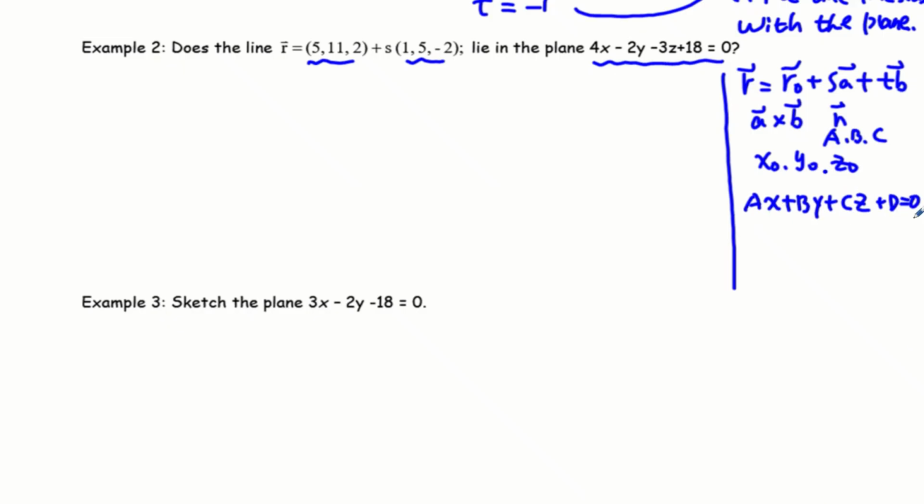So you have 7 letters here, you sub in 6 of them, then you can solve for D, then you can convert the vector equation to the Cartesian equation, then continue from there.